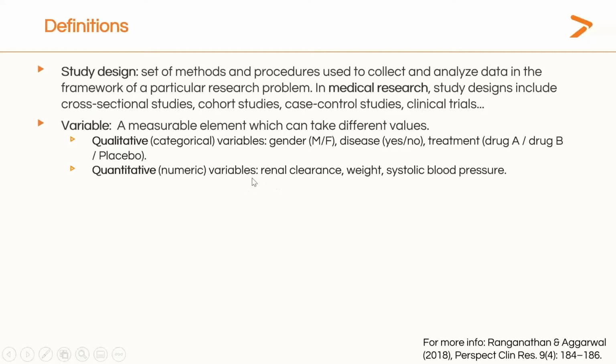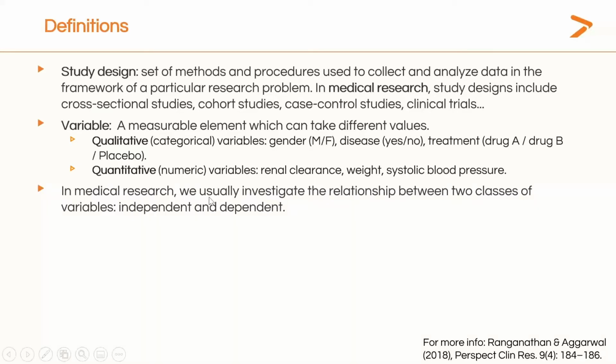Now, I'm going to show you another categorization of variables in medical research or in statistical modeling in general. In medical research, we usually investigate the relationship between 2 classes of variables: independent on one side and dependent on the other side. Dependent variables are clinical outcomes, such as the occurrence of an event, such as death or relapse or recovery.